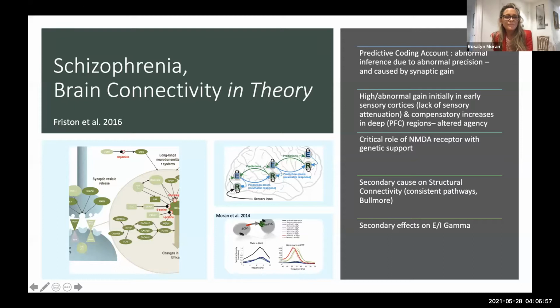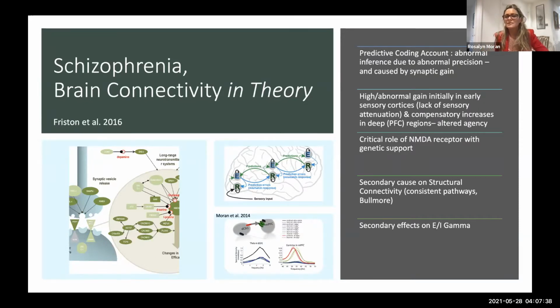So this brain connectivity in schizophrenia, if we think about it from a theoretical point of view, and Carl Friston has updated after 20 years his disconnection hypothesis with Chris Frith in this wonderful paper in 2016 in a sanguine view, as is his way, describing how the systems level neuroscience and also the molecular and genetic neuroscience are converging into an explanation for schizophrenia that really focuses on synaptic efficacy, and specifically synaptic efficacy mediated through the NMDA receptor.